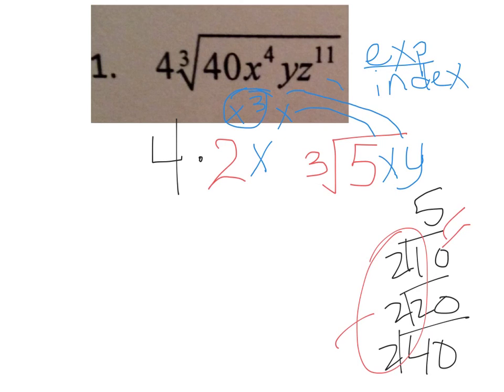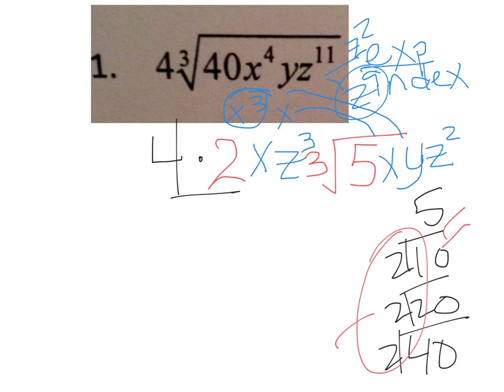So I would break this into z to the 9th, which then would leave me with z squared. So z to the 9th, if I divide that by my index of 3, would give me z cubed out front, and it would leave me with z squared inside my radical.